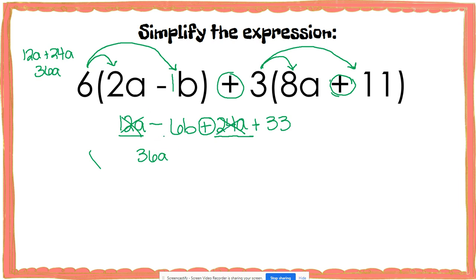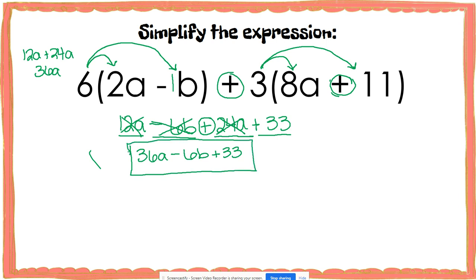My next term is negative 6b. I don't have a like term for that, so I'm just going to rewrite it in my expression. Now I can get rid of it, and then my last term here is positive 33. It also does not have a like term, so I'm just going to write plus 33. So my simplified expression is 36a minus 6b plus 33.